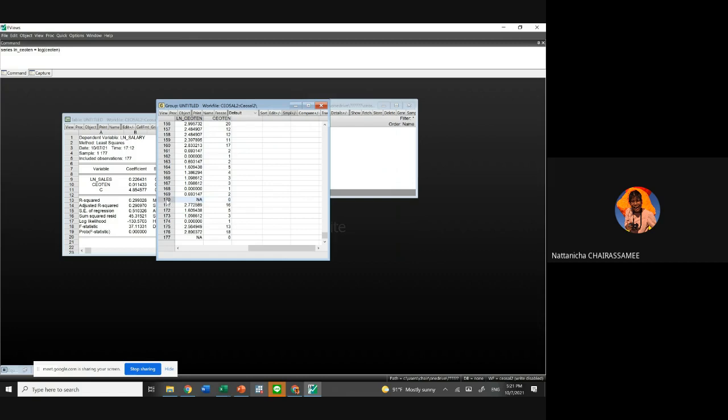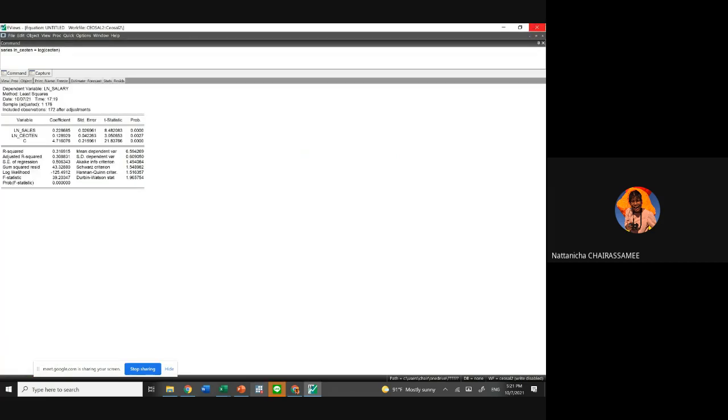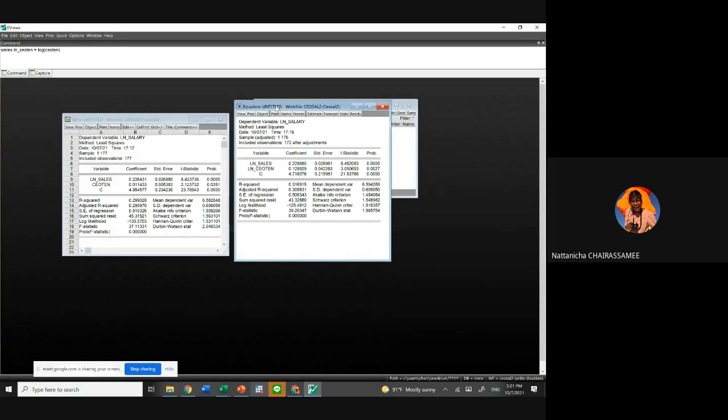That's why EViews or any program will create missing data for you. And because you have missing data, when you run regression, EViews will not count that observation for you. It's the same in Excel, but the bad thing about Excel is that it will not run regression for you, so you have to delete some of the observations to run the regression.